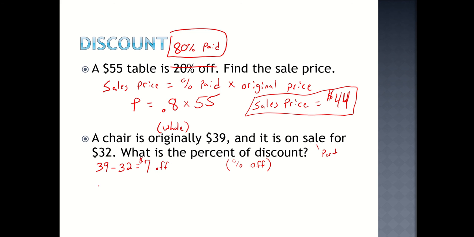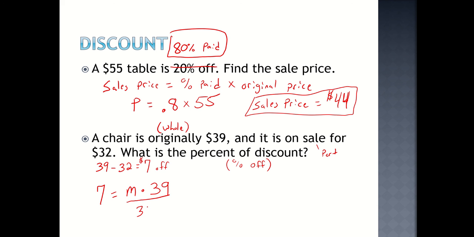So 7 is going to be our part. The percent off is what we are trying to find. So I'll call that, I don't know, how about M? And we're going to multiply that by the whole. What is the whole? It's 39. So the part, $7, we got $7 off, equals M, our percent off, multiplied by the whole, which is 39.